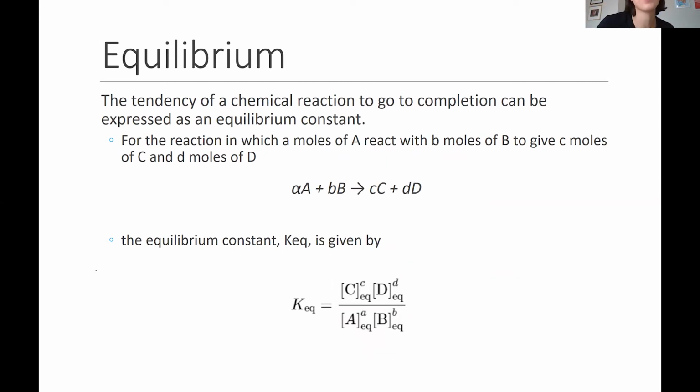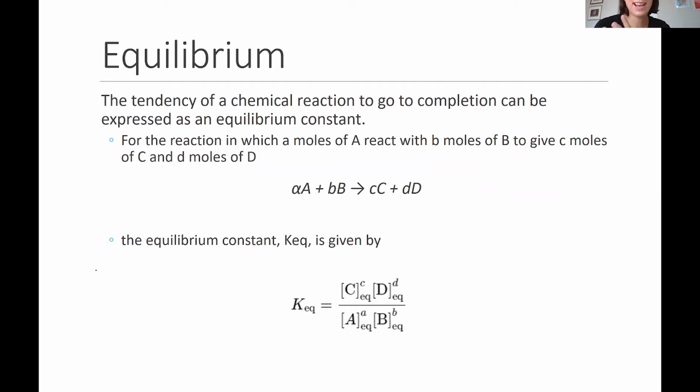Another physical concept that is talked about a lot during biochemistry is equilibrium. So we've talked about things being energetically favorable, endergonic or exergonic, and how we couple reactions. We also talk about the tendency of a reaction to go to completion based on the equilibrium.